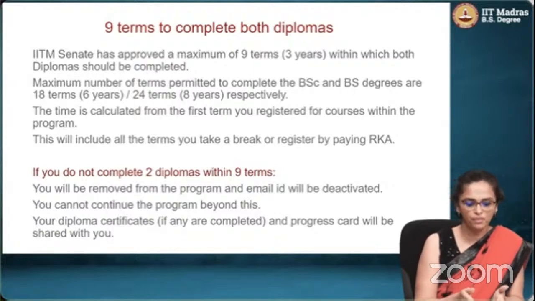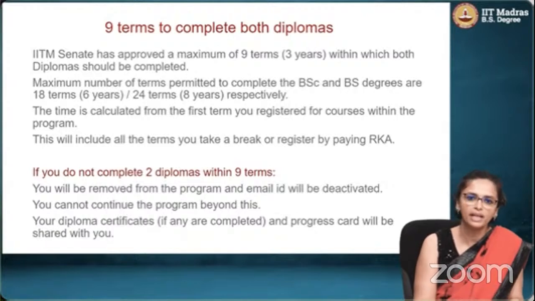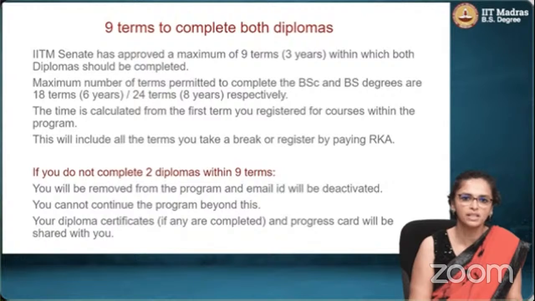Okay. So from when you start the program, you have to ensure that you complete the foundation level within 9 terms. And these 9 terms will also include the terms where you do not register for courses or you take an RKA break, right? Registration Keep Alive, that you are telling us that I am not doing any courses actively, that's RKA. So it includes those also where you take a break or you register with us saying it's an RKA.